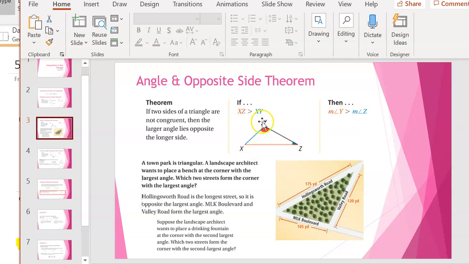Then the side opposite of angle y, the larger angle, that side must also be greater than the side that is opposite of z. And a good thing to notice is the angle letter is not included in this side. So xy in the triangle xyz, z is missing, therefore that's the angle that it's related to.